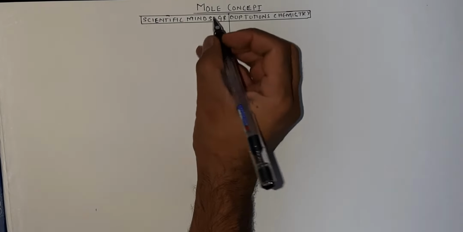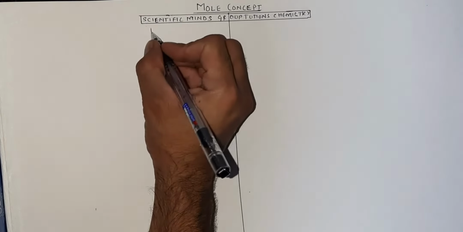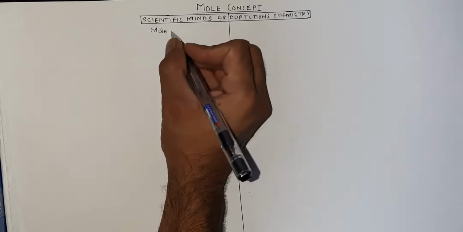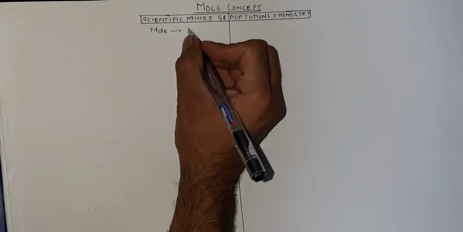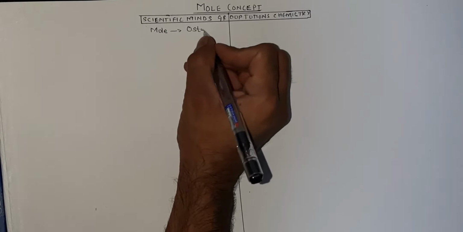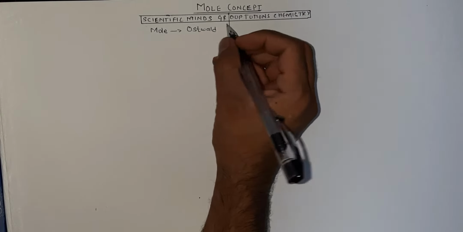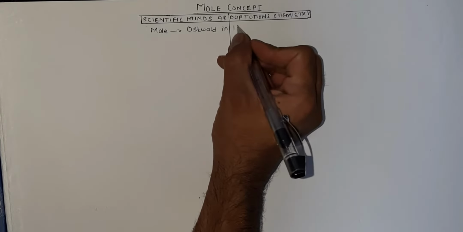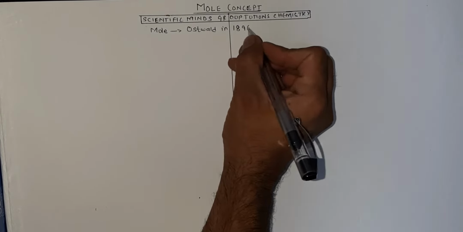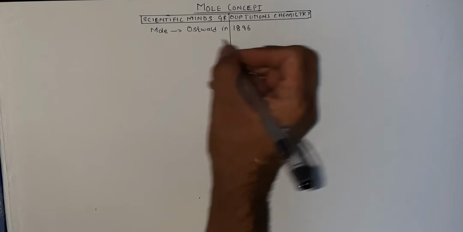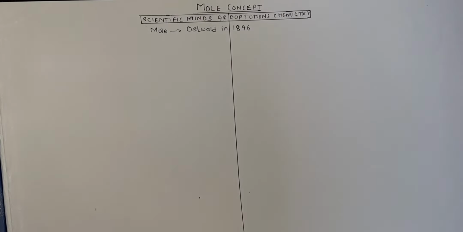Now this word mole was introduced by a scientist whose name was Oswald in 1896, and mole comes from a Latin word moles, which means heap or pile. Now basically why was it introduced in chemistry?